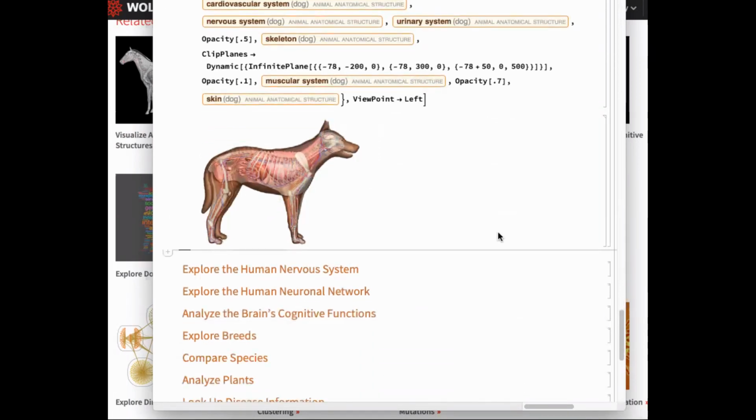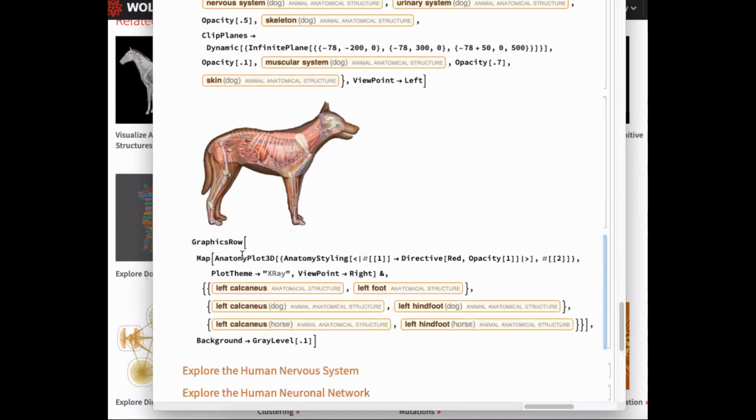And with all these accessible tools, you can also visually compare the anatomical parts of an animal with homologous, meaning evolutionarily preserved structures. In the next example, human, dog, and horse feet are displayed in X-ray style, where one of the largest bones, the calcaneus bone, is highlighted.